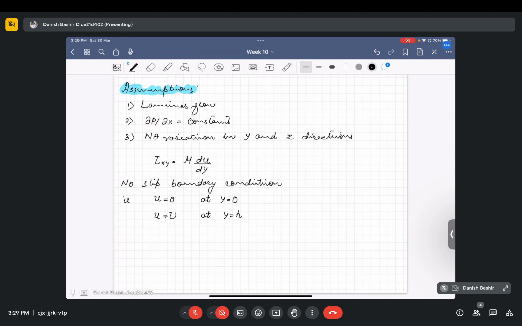So, for example, if we consider a very small element like this, this is the xy direction, and the z direction is coming out of the paper, and we are considering unit width in that direction.